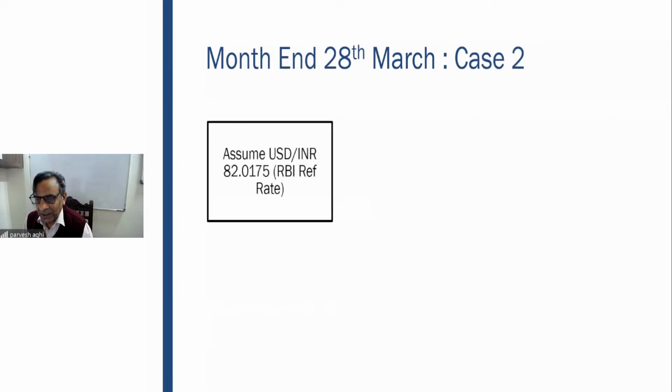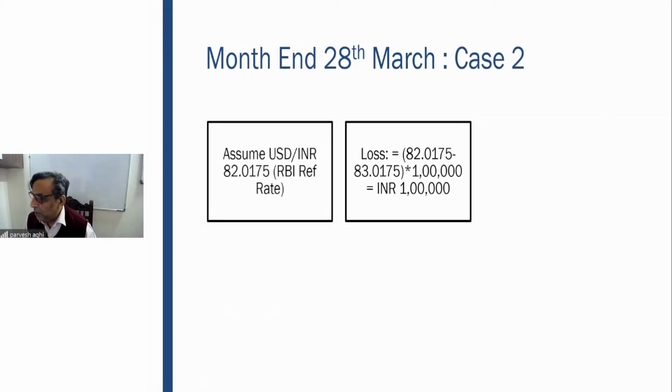Okay, let's take a second example where the dollar has gone down. Instead of going up, it has gone down to 82.01, which means I'm going to lose. If I have bought at 83 and the price is 82, I'm losing money.